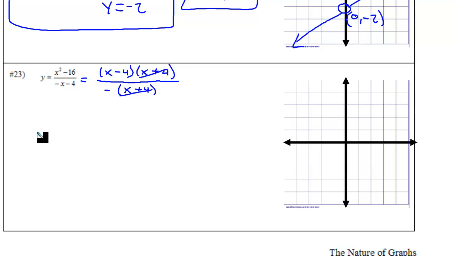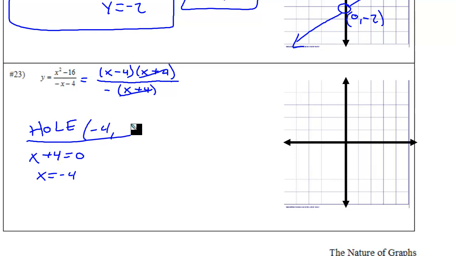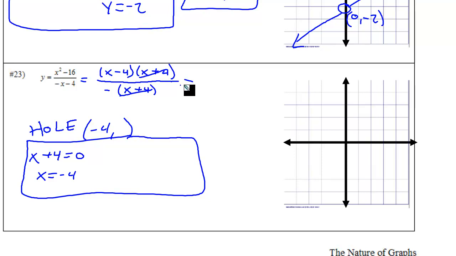When things cancel, you must scream, hole! Hole! Whatever you cancel, just set equal to 0 and solve. We have a hole at x equals -4. That's the x value. You must also have a y value. Take what's left of your function. y equals x minus 4 divided by -1, which is y equals -x plus 4, but we have a hole.